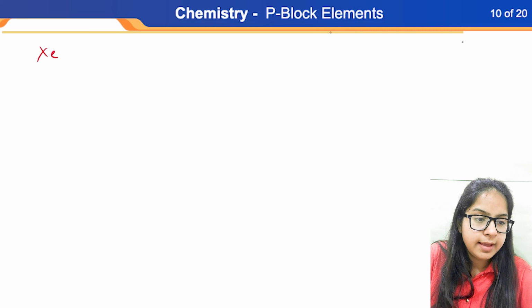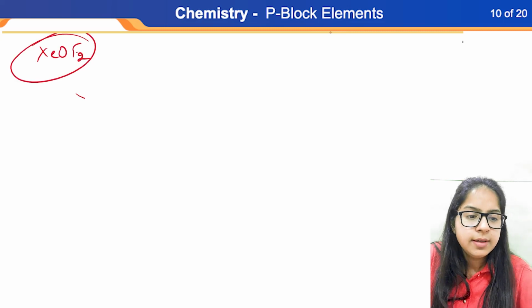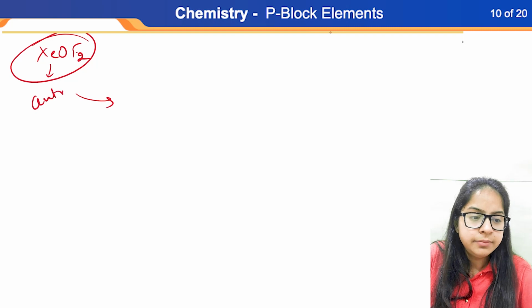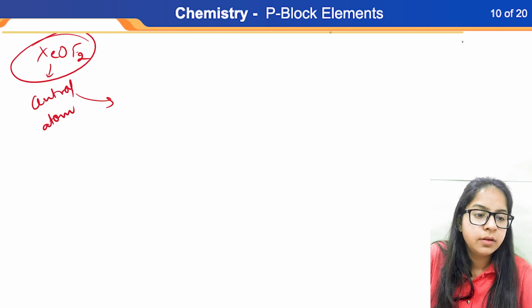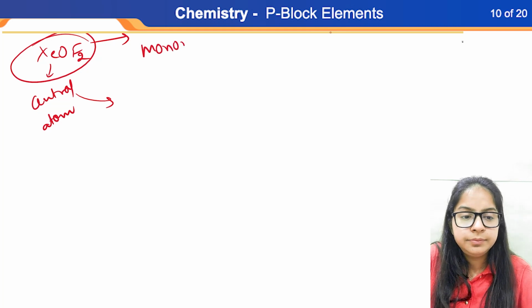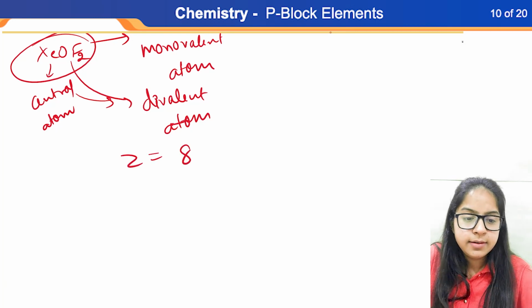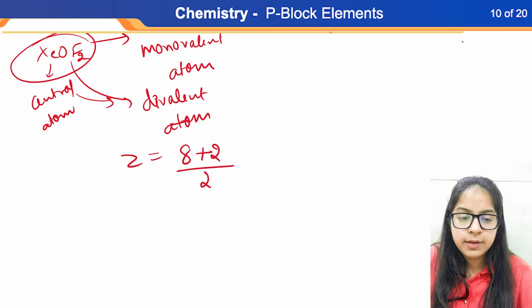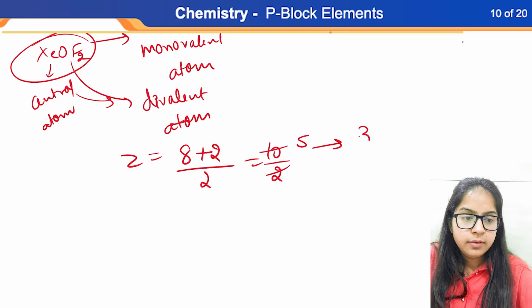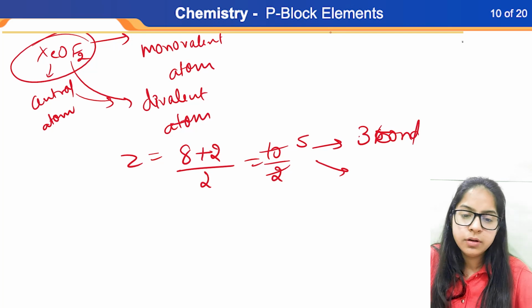Now the next one is XeOF2. So this is the central atom, this one a monovalent atom, this one a divalent atom. To calculate Z, the central atom has 8 electrons, monovalent 2. Firstly, 3 sigma bonds, 3 bond pairs, 2 lone pairs.